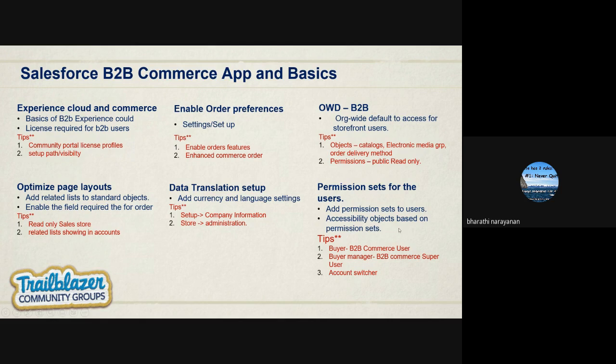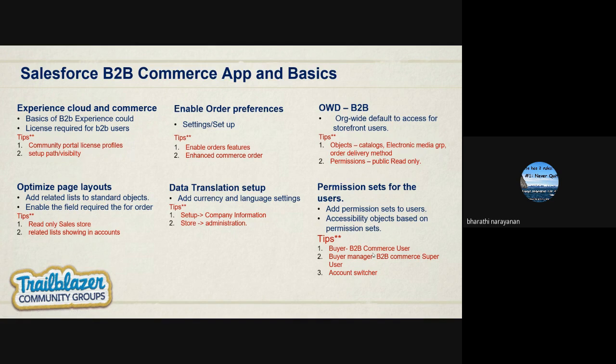For example, if the buyer user is going to view their products and order a particular product, and do these kinds of things on the commerce side, the user can have only the B2B commerce user permission alone.